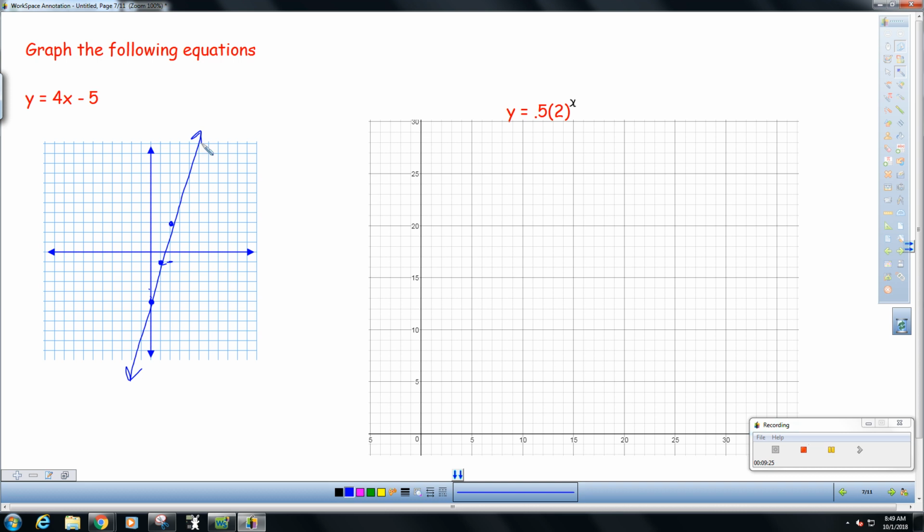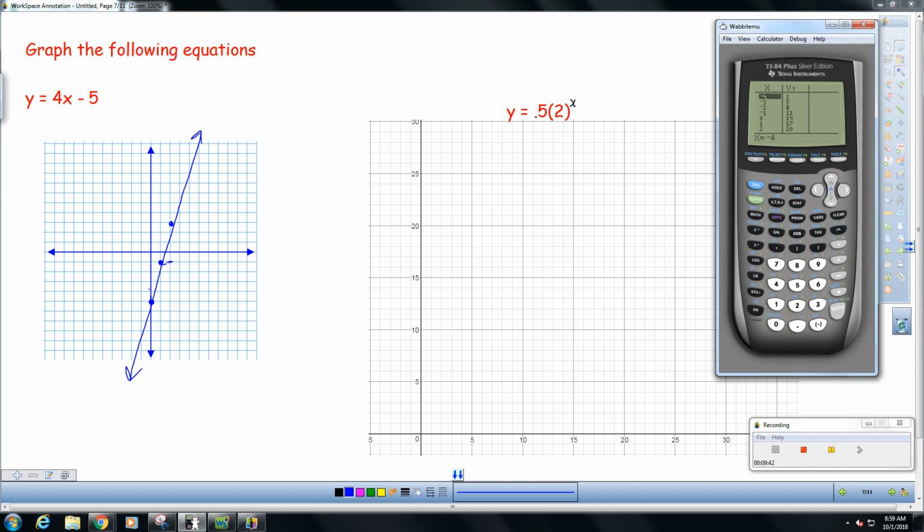Let's graph that in my graphing calculator real quick. All right, so if I put in y equals 4x minus 4, and I graph it, you'll see it looks very similar. Okay?